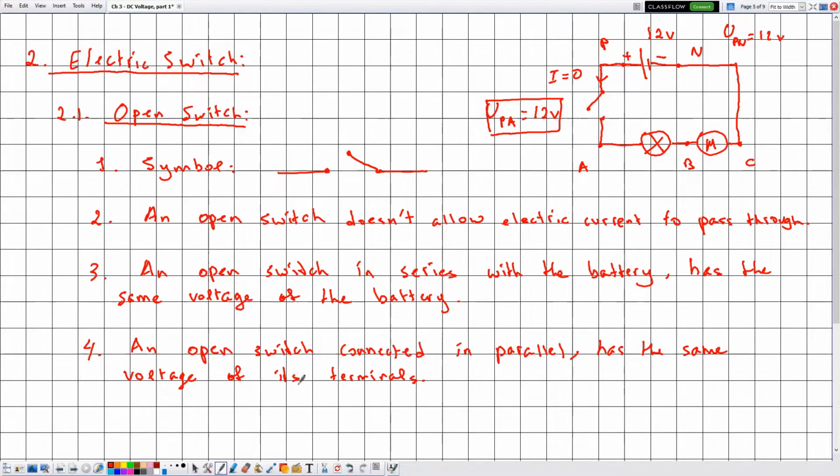Okay, idea number 4, an open switch connected in parallel has the same voltage of its terminals.